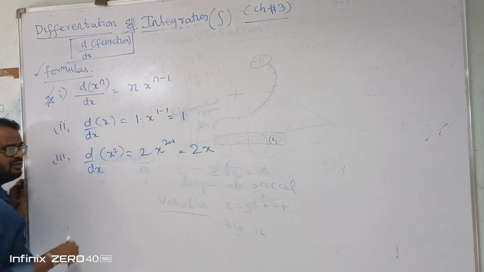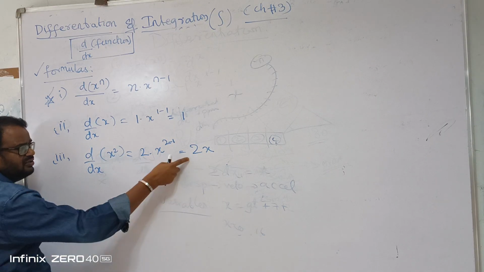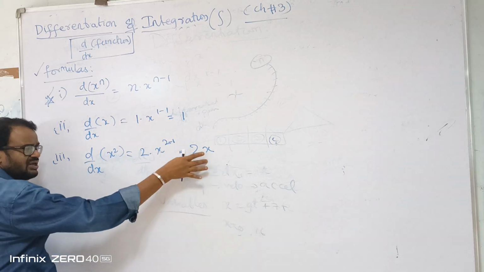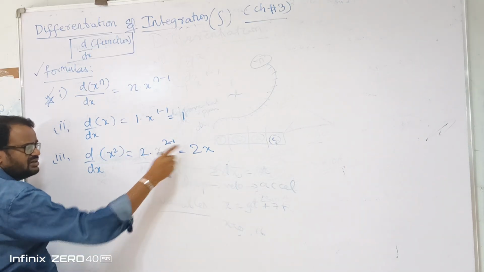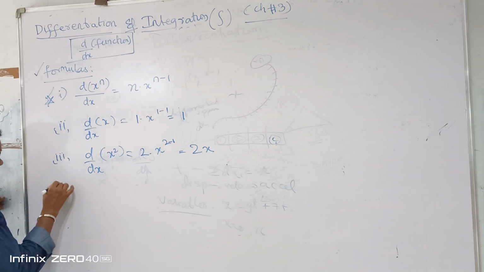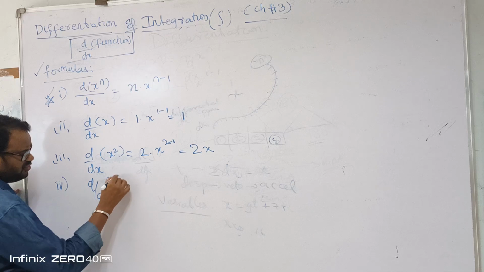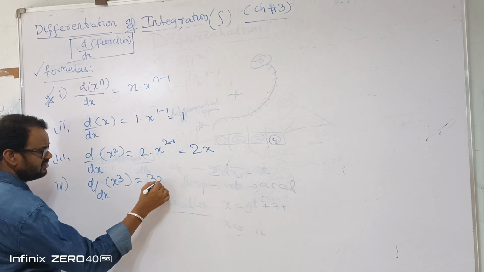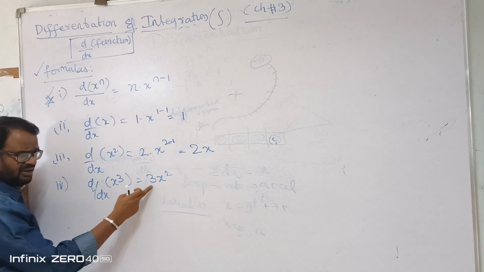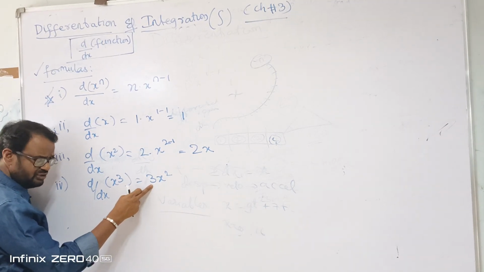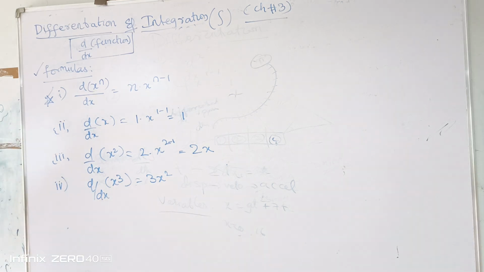I am repeating: if you have power terms, the power comes as the coefficient. This is the question, this is the answer. If you differentiate x square with respect to x, the answer is 2x. Similarly, the fourth one, d by dx of x cube, the answer is 3x square. You should understand why: the power has come as a coefficient and the power has been reduced by 1.